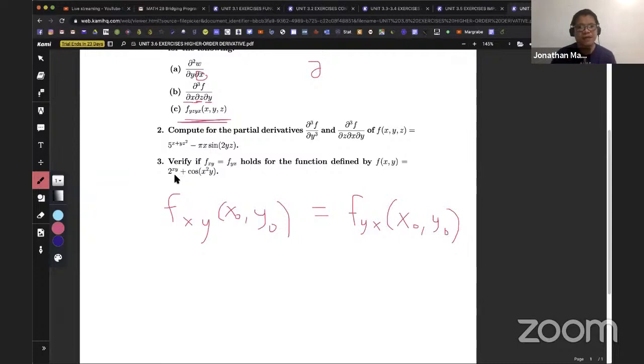You will verify that f sub xy is equal to f sub yx for the given function. Okay? I want you to do that para lang makita nyo that indeed f sub xy is equal to f sub yx. The challenge here is you should know how to simplify expression. Okay?